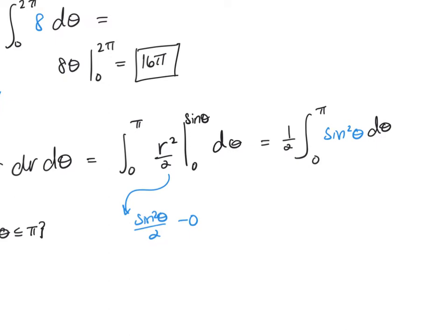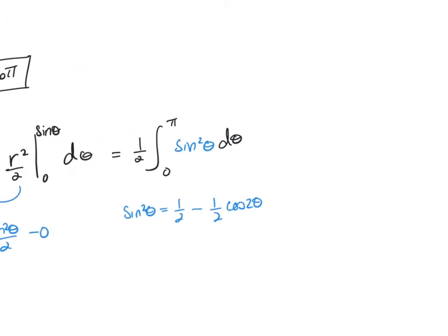And then I'm going to use the power reduction formula, so I know that sine squared theta is equal to 1/2 minus 1/2 the cosine of 2 theta. And so this then becomes, if I factor out a 1/2, 1/4 the integration from 0 to pi of 1 minus cosine 2 theta d theta, and I'll let you all finish that integration.